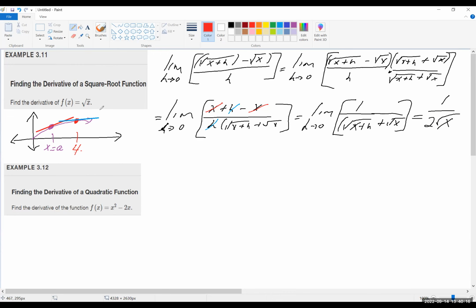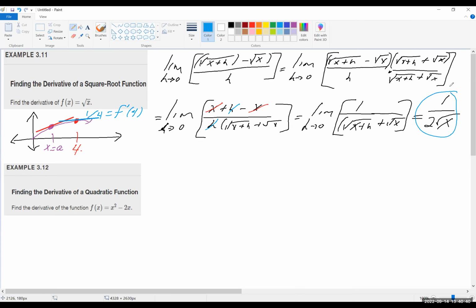So the slope of that blue line there is 1/4. That would be f prime of 4 using this equation.